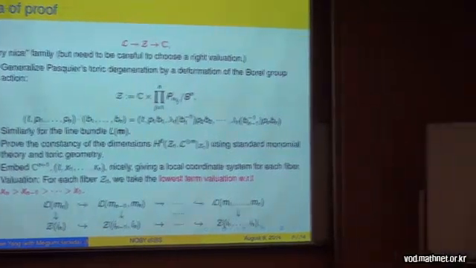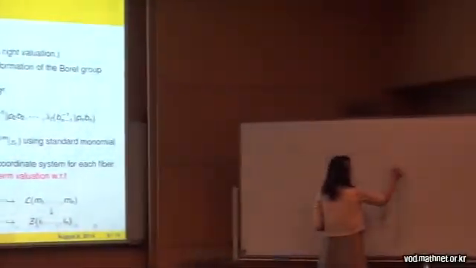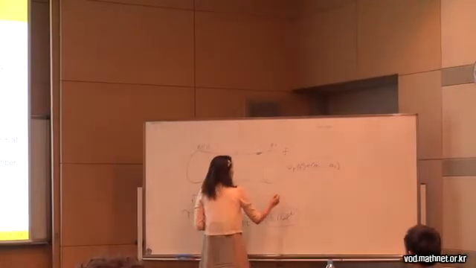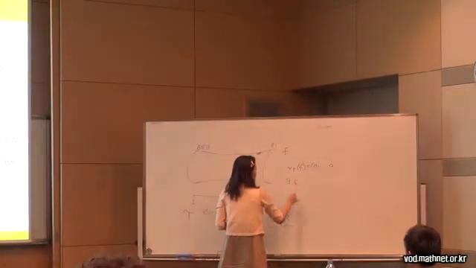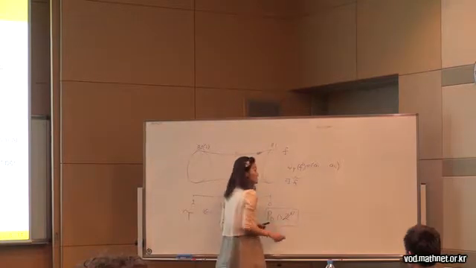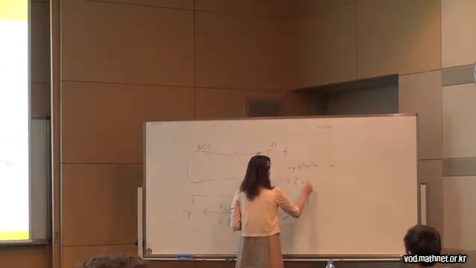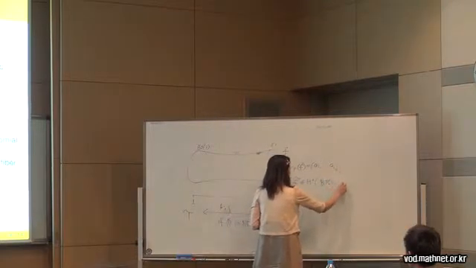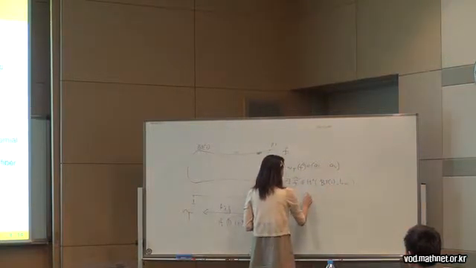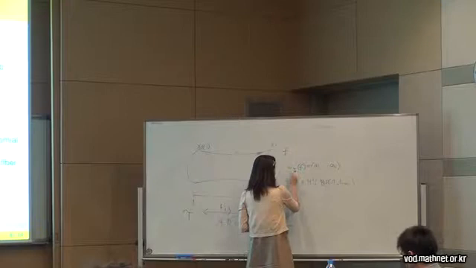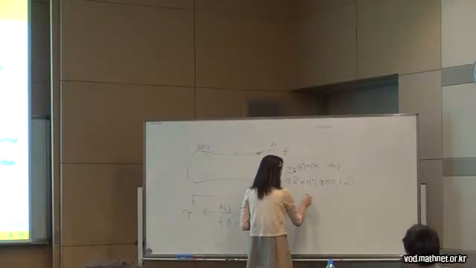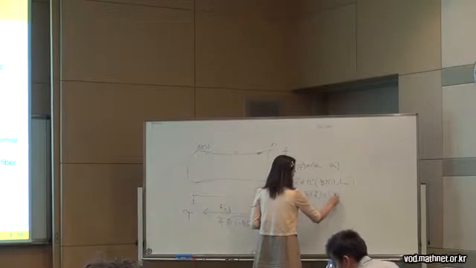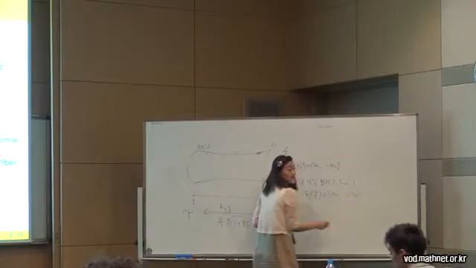And now what we have to do is, say we get a section on this line bundle with the valuation. Then I have to show that there exists a section on the Bott-Samelson variety, which has, so this is for the 0 fiber, this is for the fiber over 1, the same values.